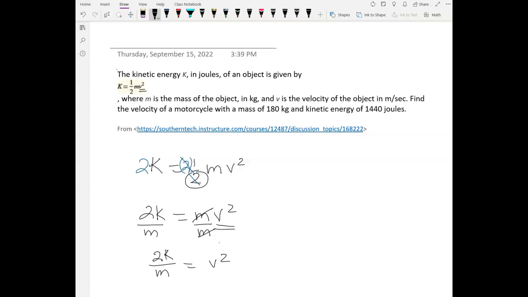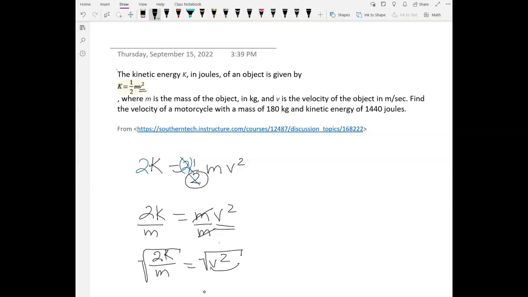This is not V, this is V squared. And in order to get V by itself, I need to take the square root of it. So if I'm taking the square root of V squared, I get V, but I also have to take care of the left side. So take the square root of the left side, but let's not forget this is V squared.